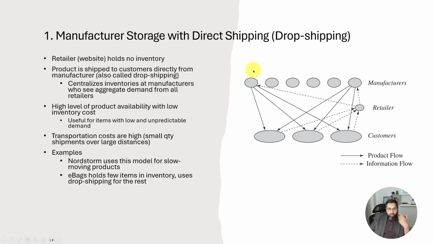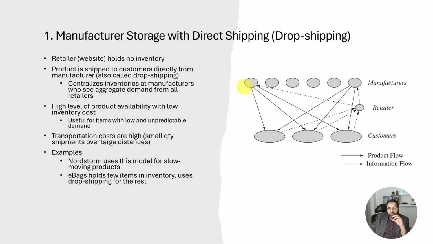And customers in North America will be all over the continent. So many customers will be very far from the manufacturing facility. So product is going to move long distances in small units, because each customer will order one pair of shoes or two pair of shoes.